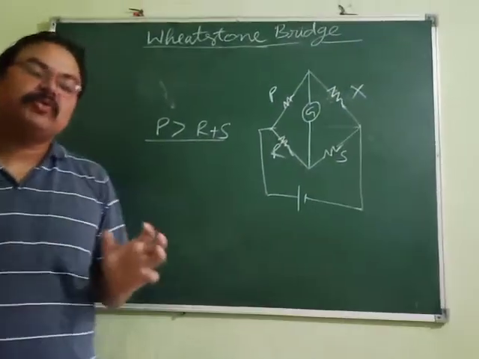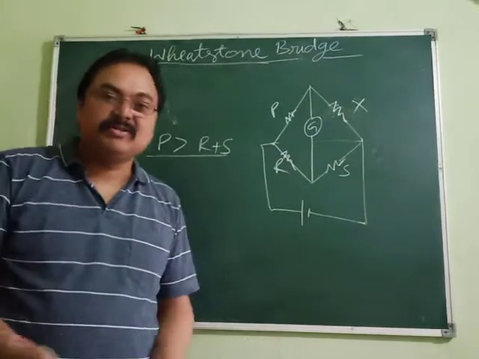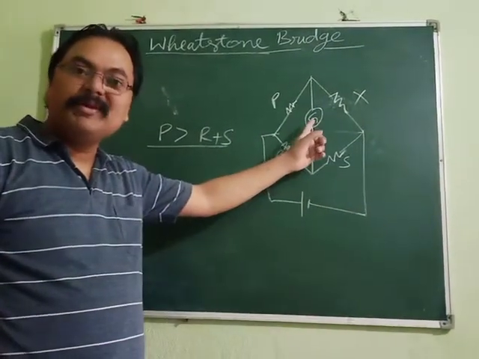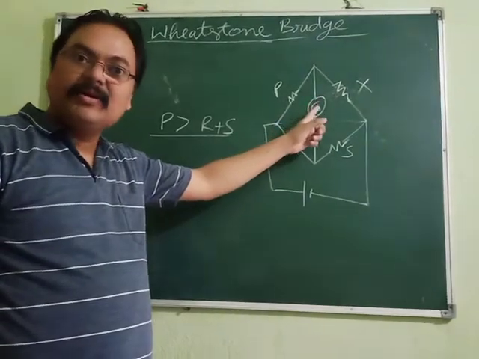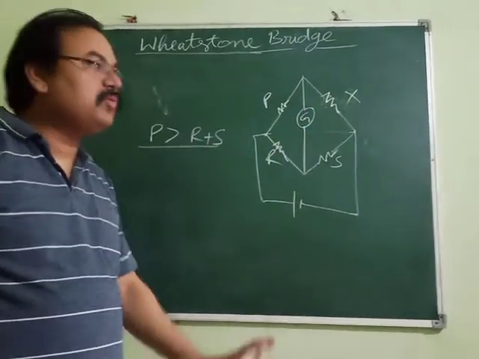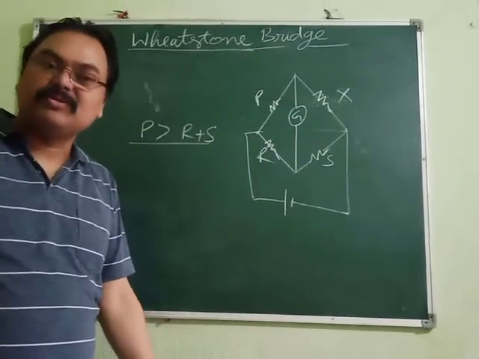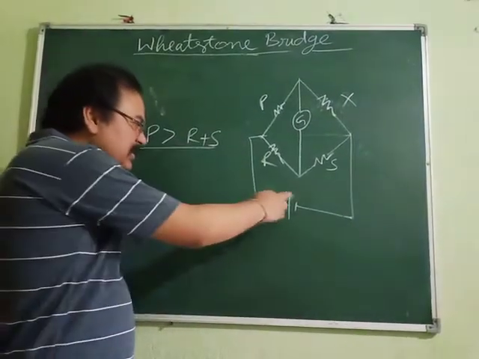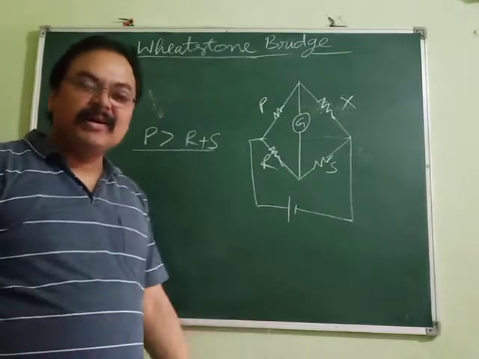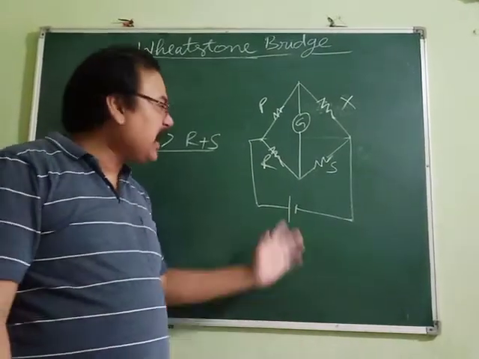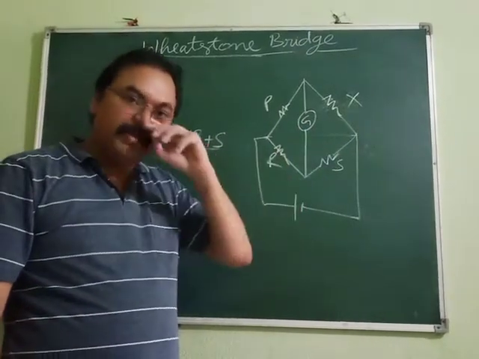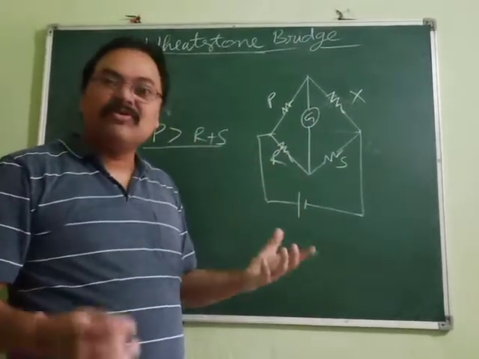Using the Wheatstone bridge is very advantageous. Why? First thing, we are using the null point method. That means it is not showing any current, so no current is flowing through the galvanometer, so current is not going to affect the resistance which you are going to measure. Second thing, this cell might have some internal resistance, that will also not affect. And we are not using an ammeter or voltmeter here, so their resistance also will not affect.